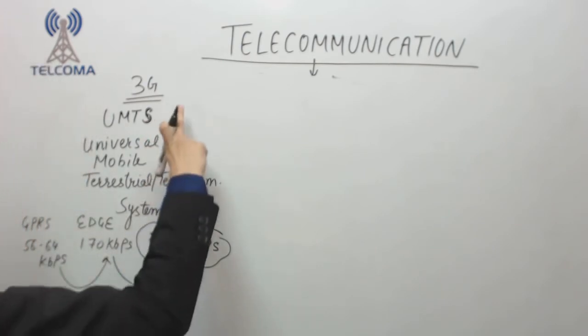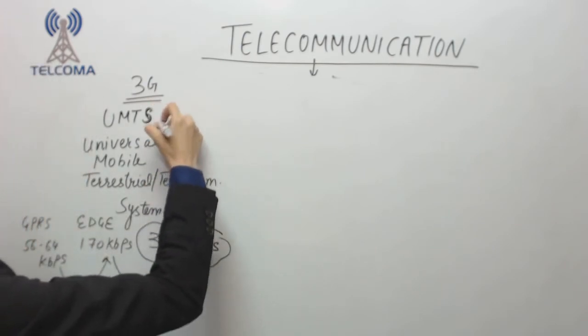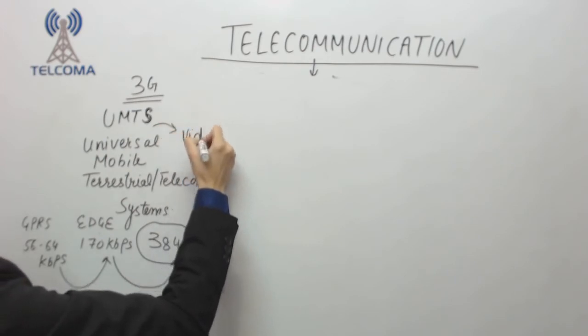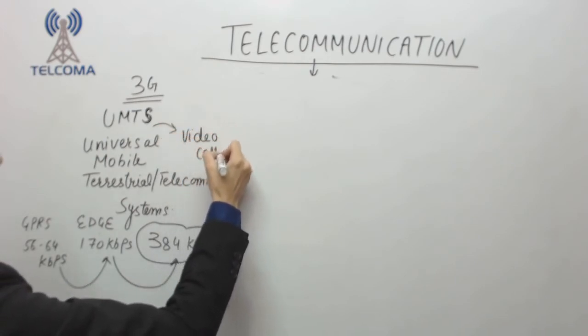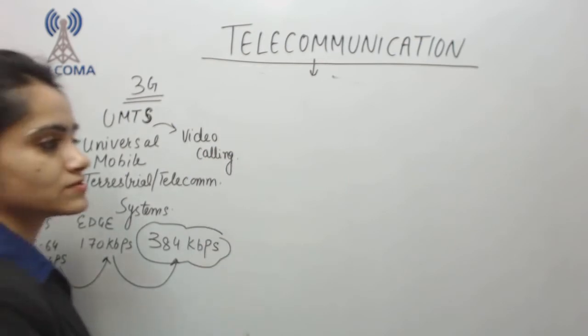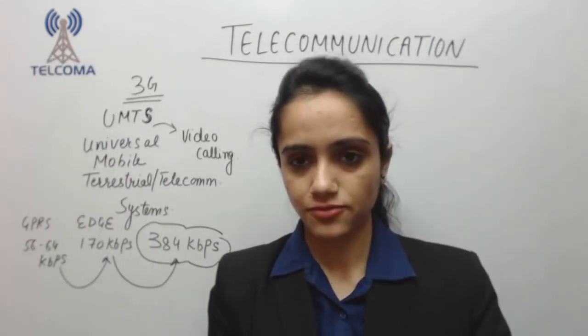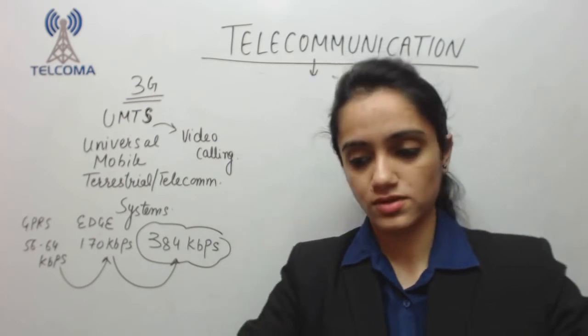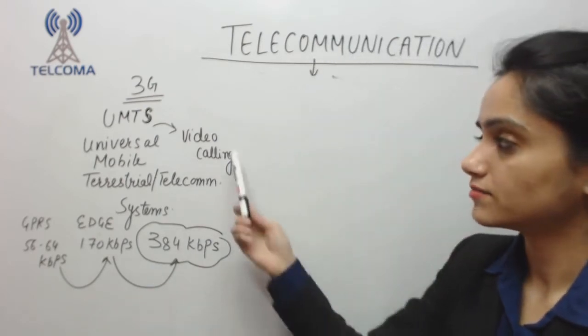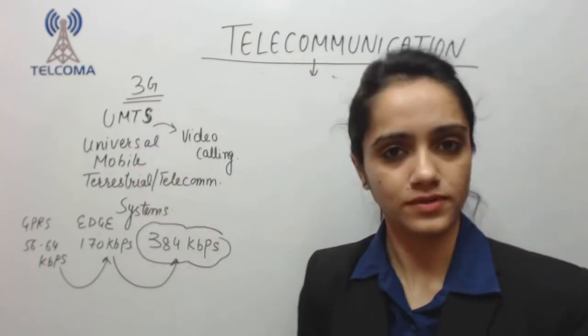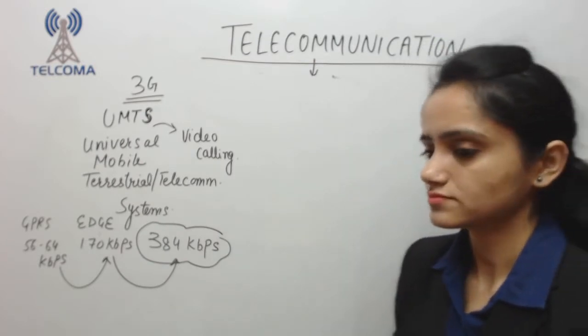UMTS, which is 3G, also has the feature of video calling, because we now have smartphones and can have video calling as well as voice calling, which requires more data rate that is offered by 3G.